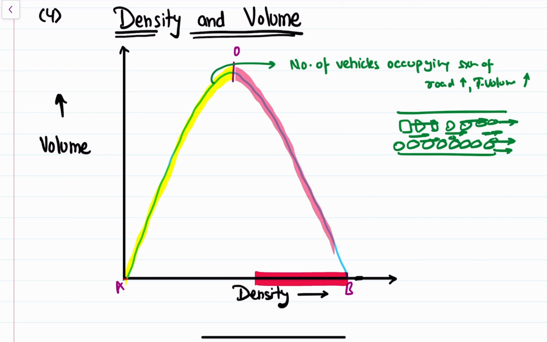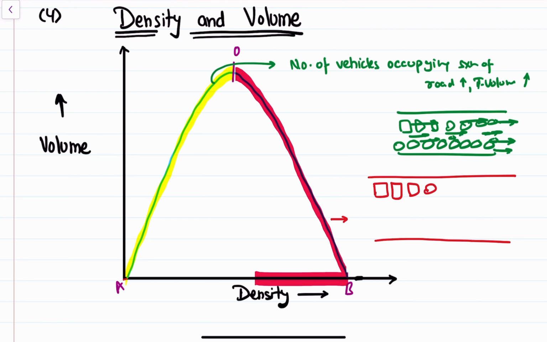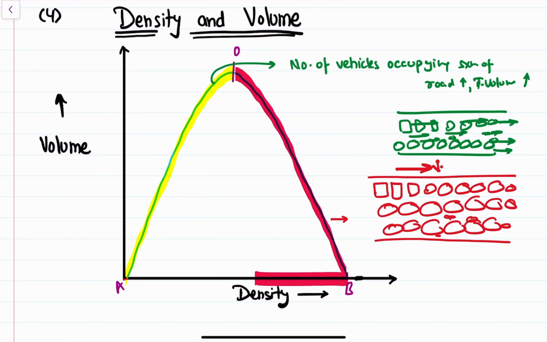This means that now the occupancy of the vehicles on the road section is higher, while the movement of the vehicles is lower.